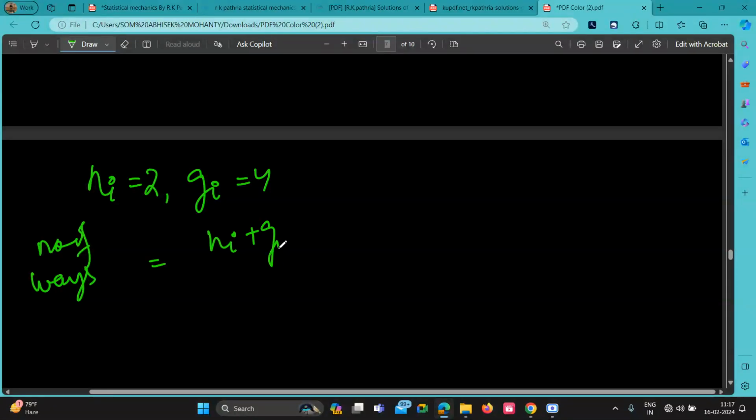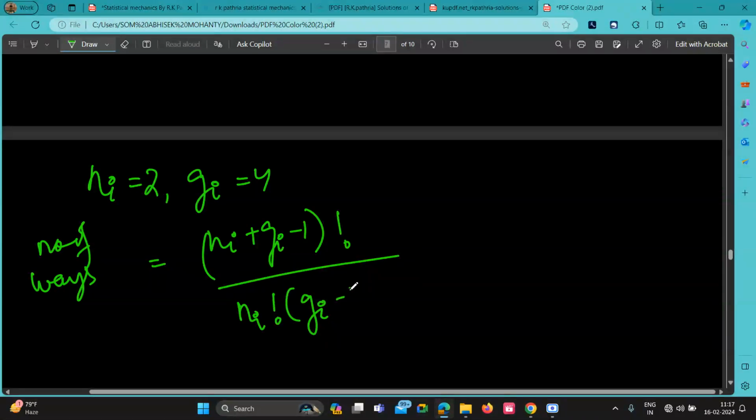Ni is 2. Gi is 4. The number of ways is (Ni plus Gi minus 1) factorial divided by Ni factorial, (Gi minus 1) factorial.